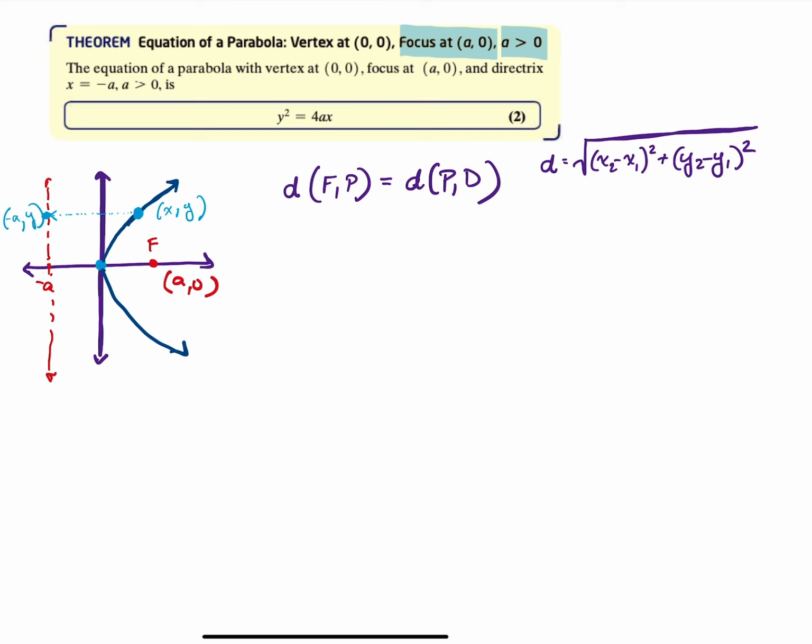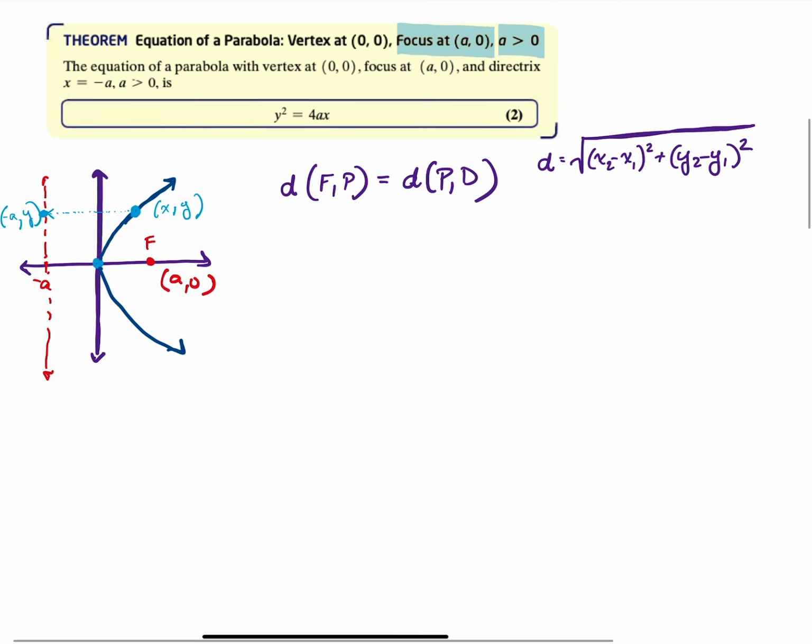On the left side, we're going from the focus to the point. So that distance would be the square root of x minus a squared plus y minus 0 squared, because our points are x, y, and a comma 0.